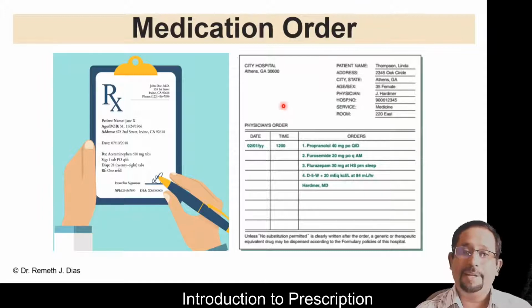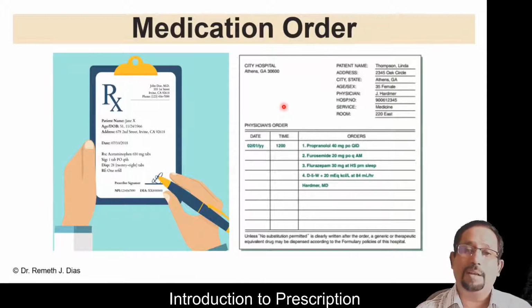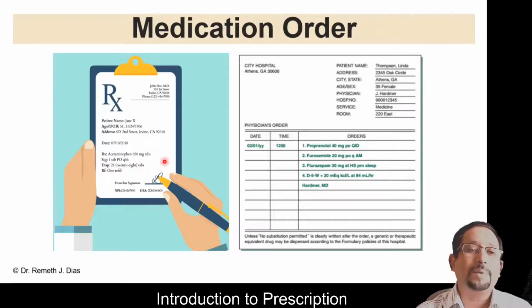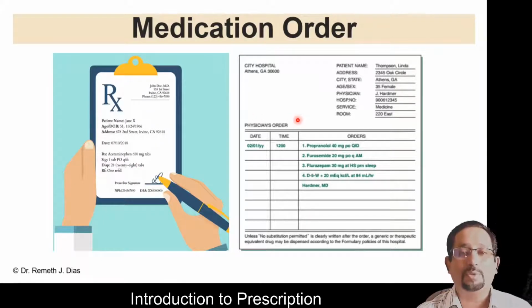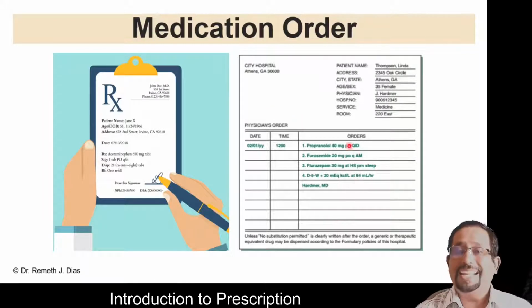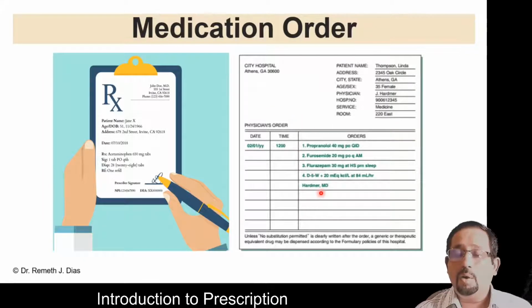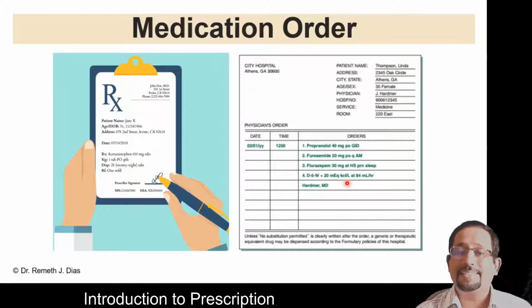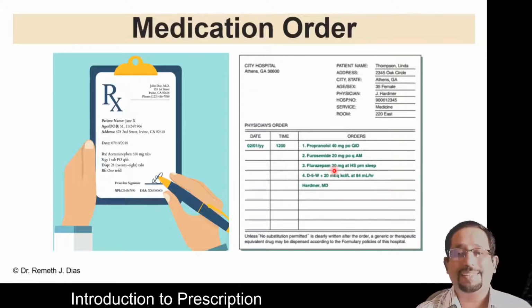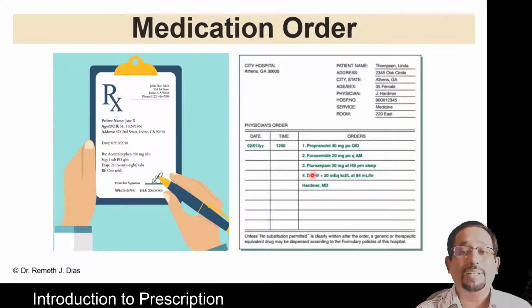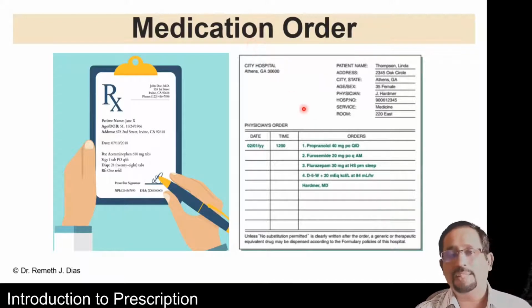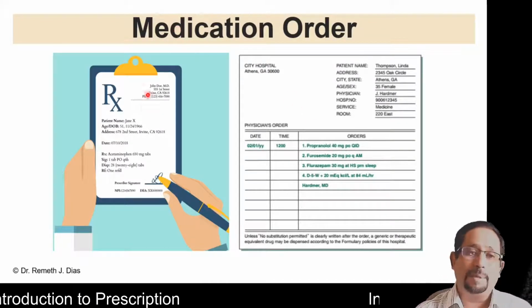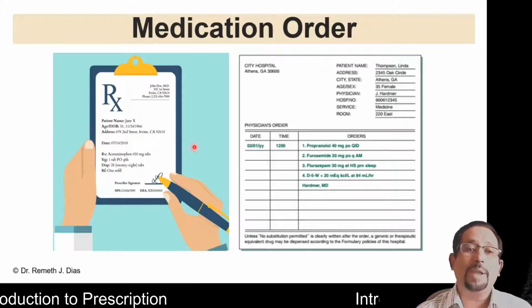Sometimes, even if the patient is admitted in the hospital, doctors can give the prescription if they don't have a pharmacy attached to the hospital. So, medication order is the order where the pharmacist dispenses the drug to the nurse, and from the nursing station the nurse administers the drugs to the patient. So medication order is for the inpatients, while prescription is for outpatients.